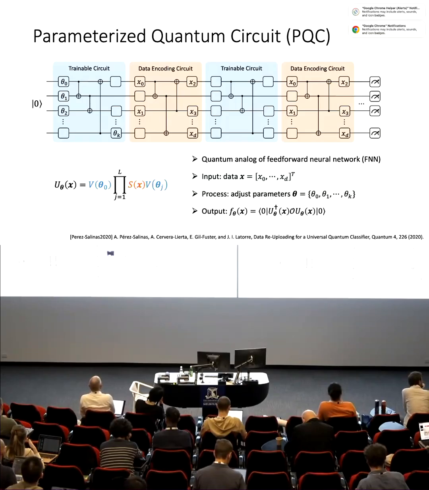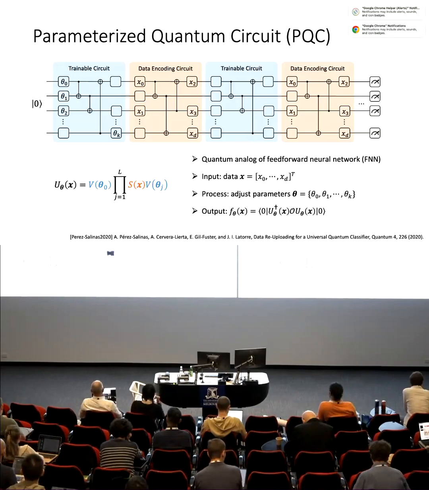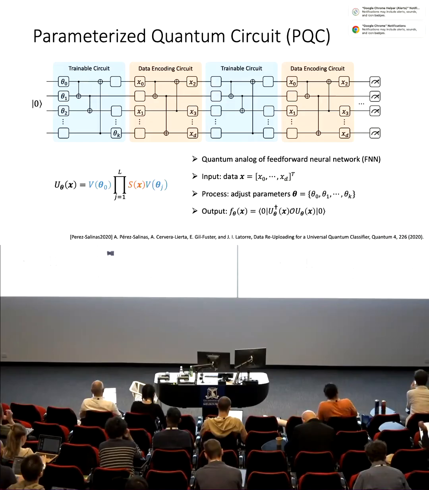Then when we train this quantum circuit, we just adjust the parameters in the trainable circuit. The output is obtained by applying this parameterized quantum circuit on the initial state, then doing the measurement and taking the expectation value of some observable as the output.